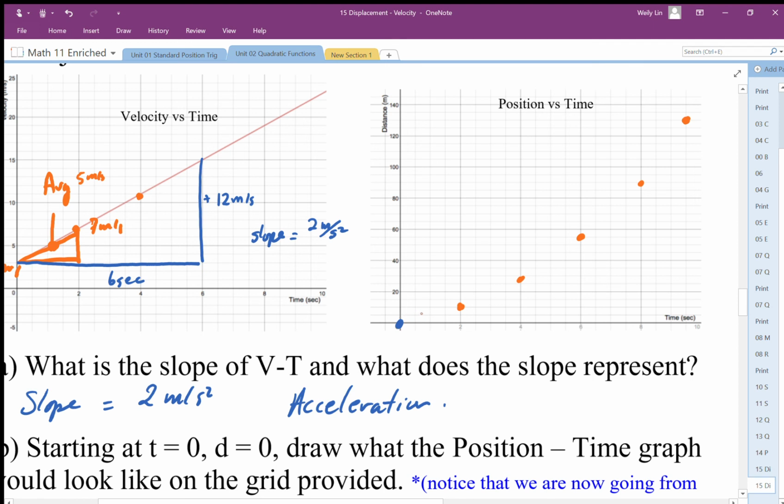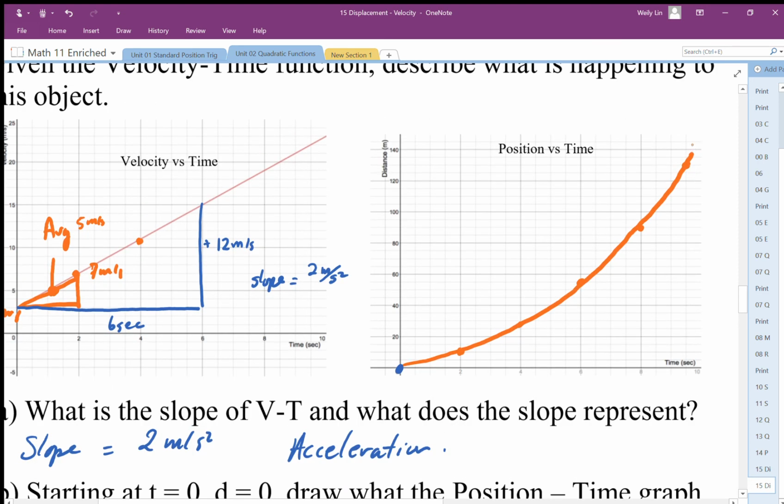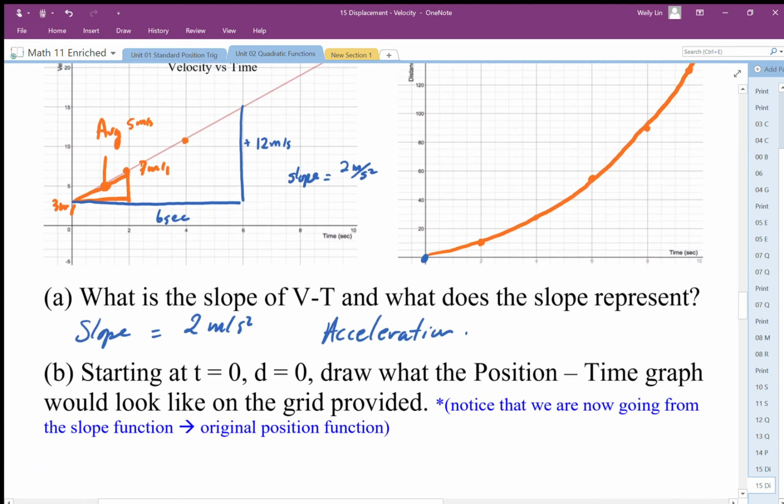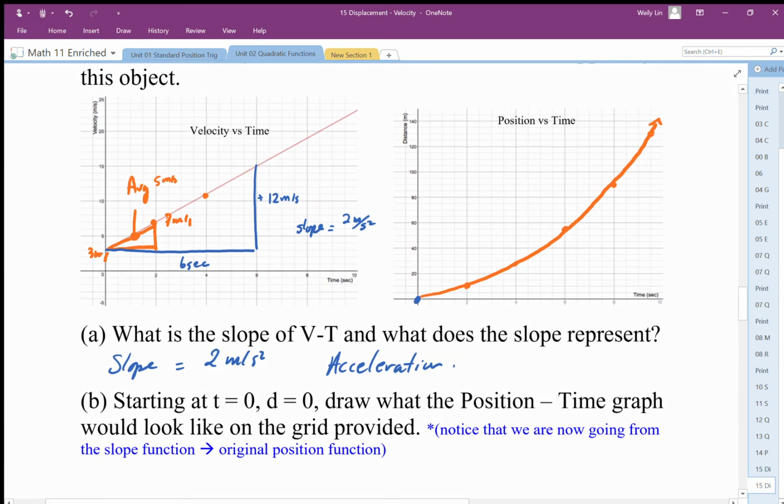And then when we do that, we can see that the path they're taking is a curved path. Since the velocity is linear, we kind of expect the position function to be quadratic, and that looks relatively quadratic. Okay, so there it is. We could do this many different ways, but this one seems to be pretty good. It seems to make a lot of sense.